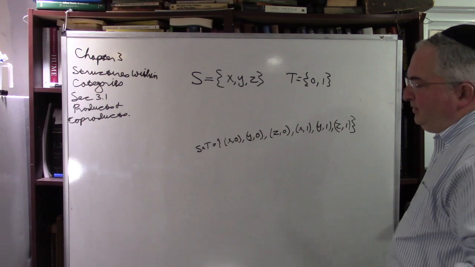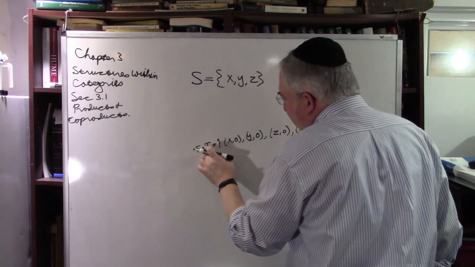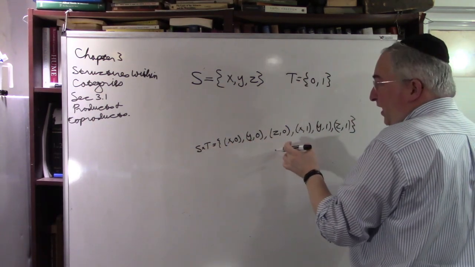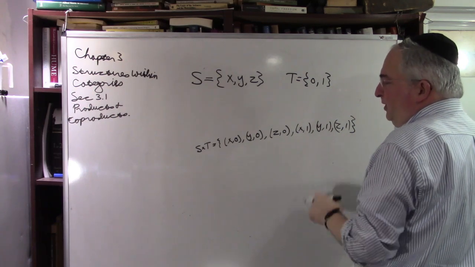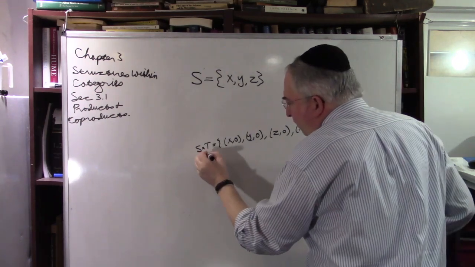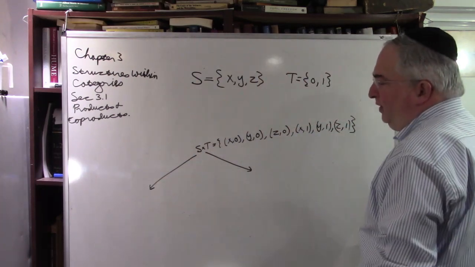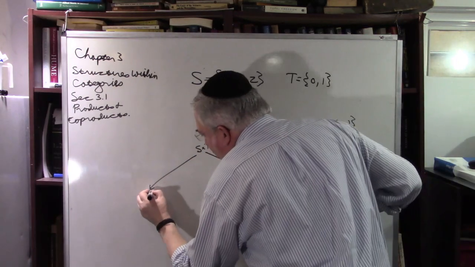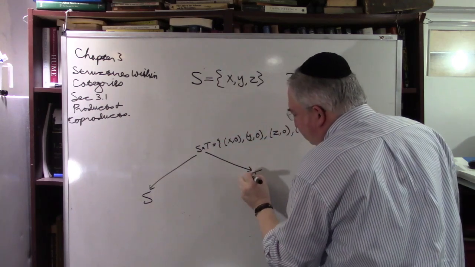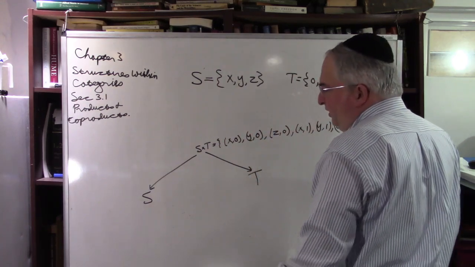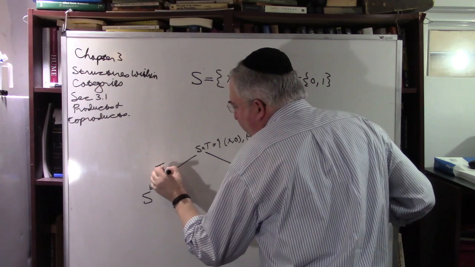The idea is that this set has all the information in S and it has all the information in T. Now, there are two functions from S cross T. One is to S and one is to T. These functions are called projection functions.